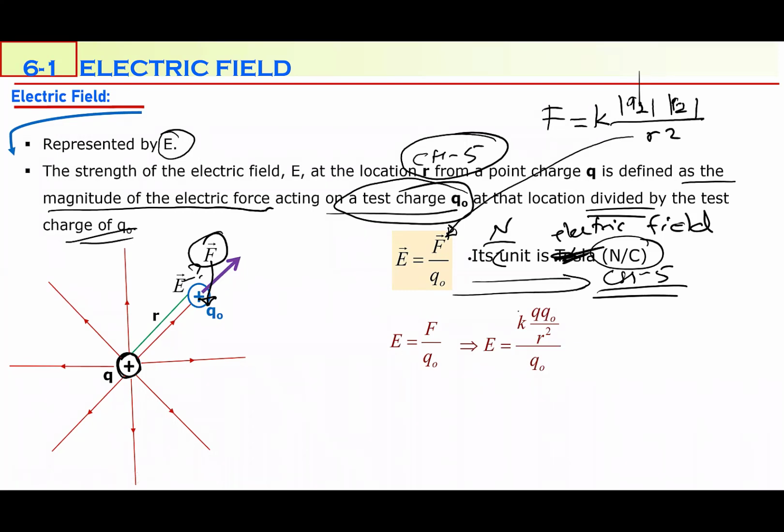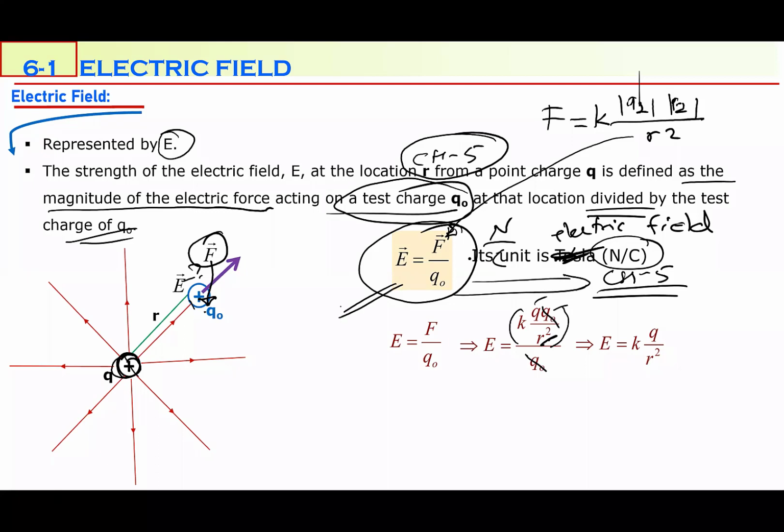F is equal to K, the first charge is Q, the second charge is Q0, divided by the separation between them, r squared. So this Q0 and that Q0 will cancel, and we will get one more equation for the electric field: E equals K Q over r squared. This equation is common for every electric field.